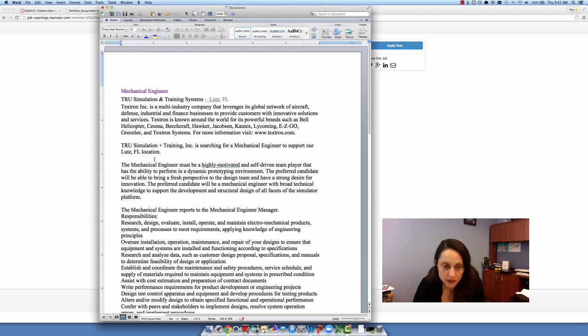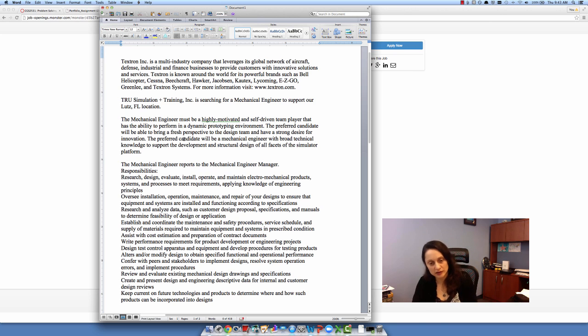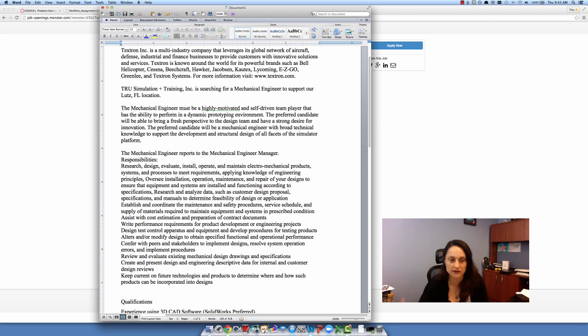But do what you need to do, insert commas. You can remove part of this stuff if it's not exactly what you need to say in there. So we'll take this part out and edit it down, or if you need to do things like put a comma in here instead of having each one of these be individual things to make enough space to get it down to one page, you can do that.